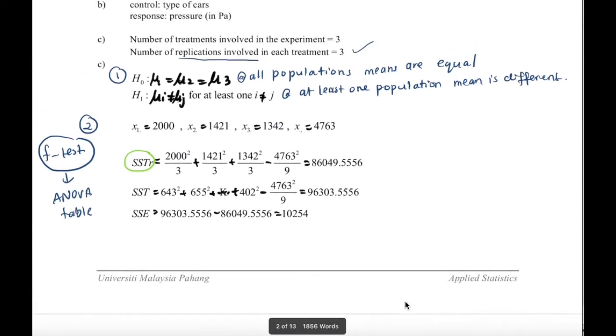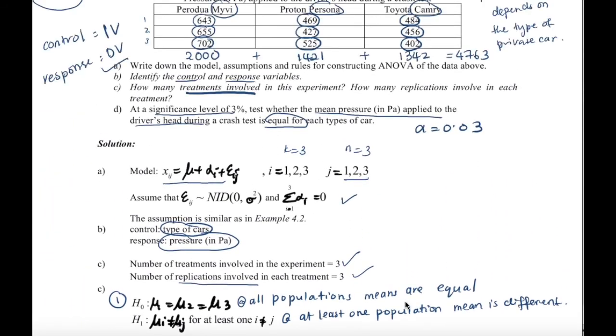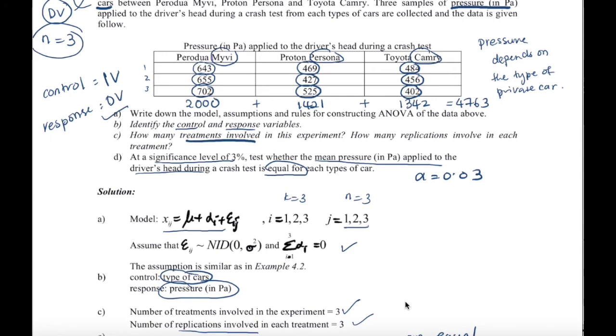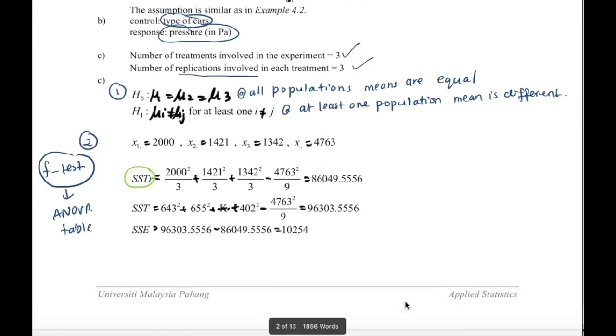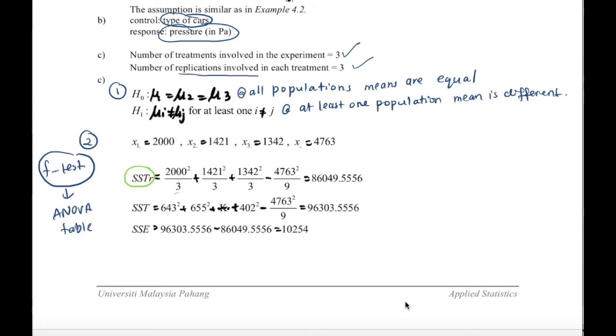SSTR is equal to 2000 square over 3 plus 1421 square over 3 plus treatment 2 square over 3 plus treatment 3 square over 3 minus total square over 9. You will get this SSTR.